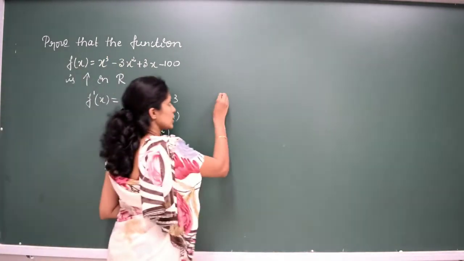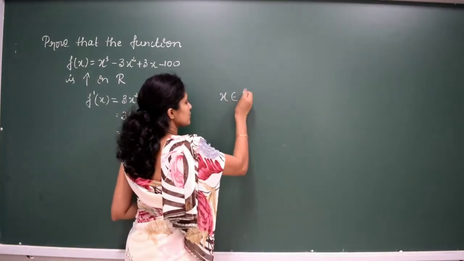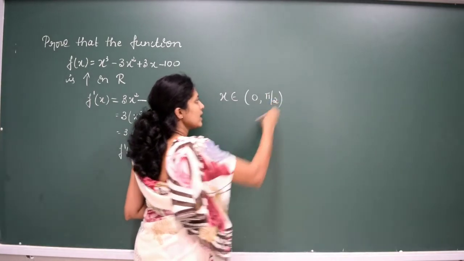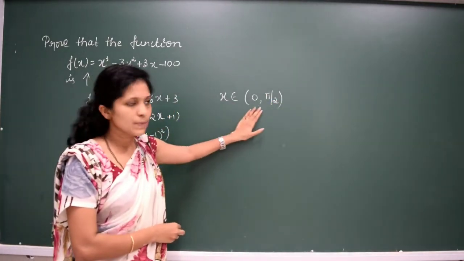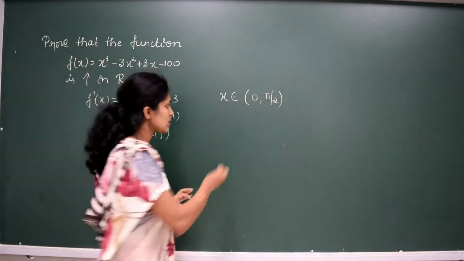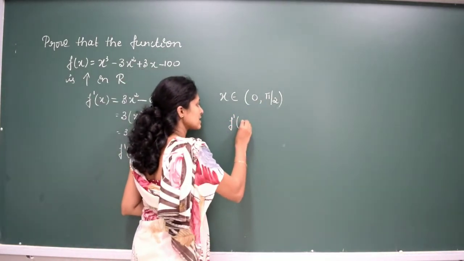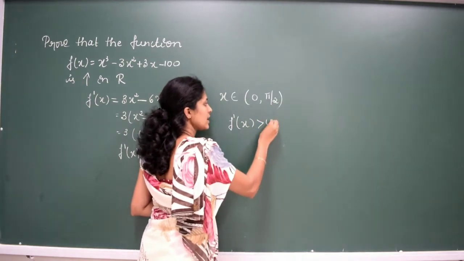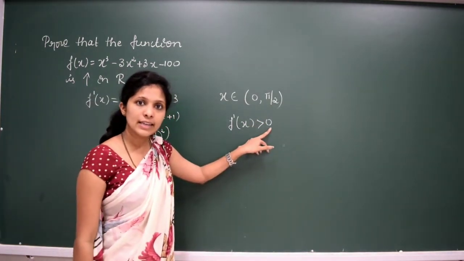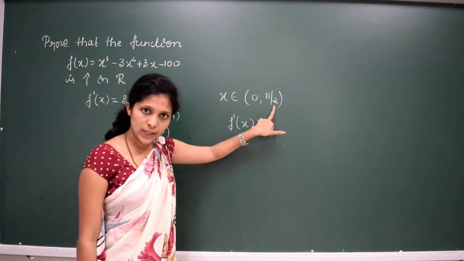One more thing I wanted to say, student. See, suppose the value of x belongs to 0 to pi by 2. Here this is the open interval, and suppose the function f dash of x is greater than 0. So it will be increasing in the interval 0 to pi by 2.